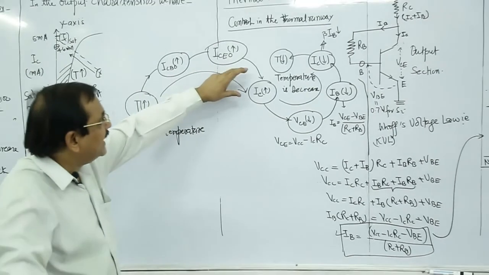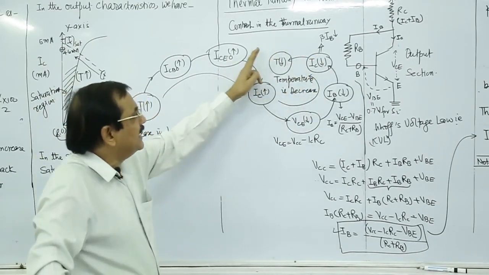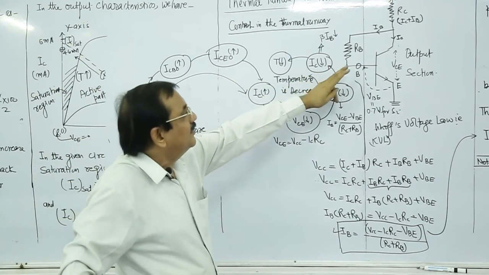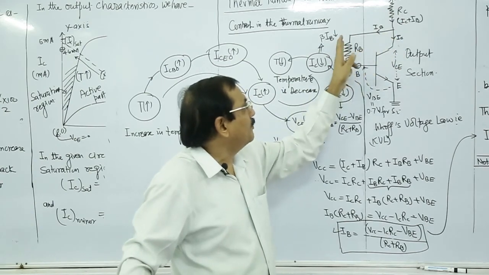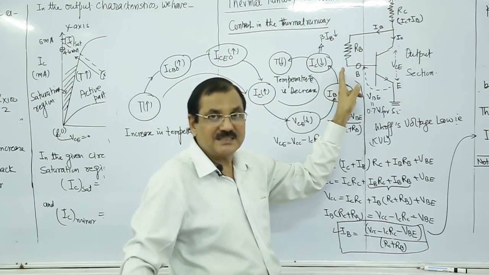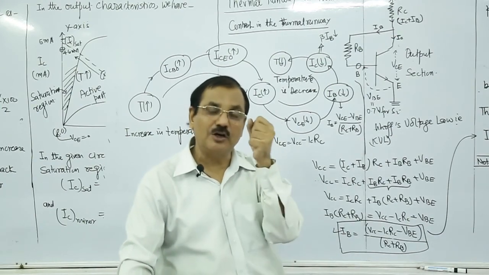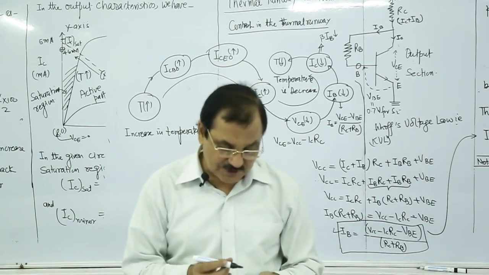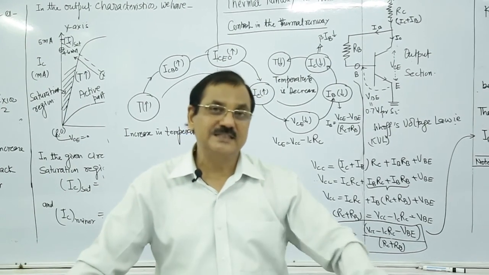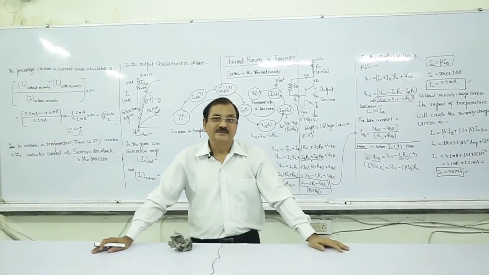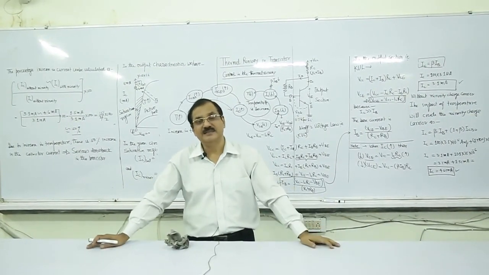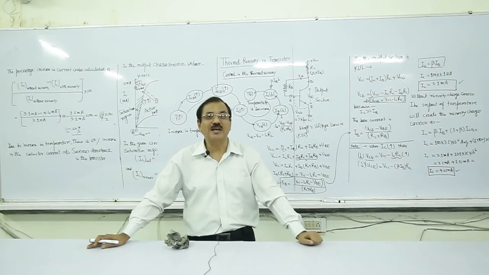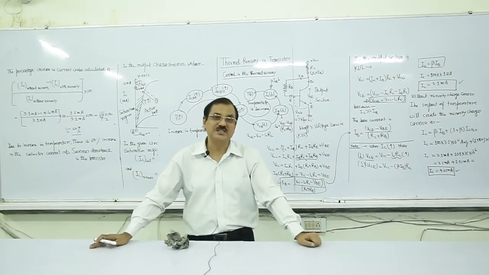So this is the balance of the increase in temperature. In the transistor circuit, we have to operate the base resistance in such a way that it controls the cumulative increase in the collector current. Due to the increase of the collector current, there is a decrease in the collector emitter voltage, and hence the base current, and that whole thing will decrease. So this is all about the thermal runaway and how it is controlled.